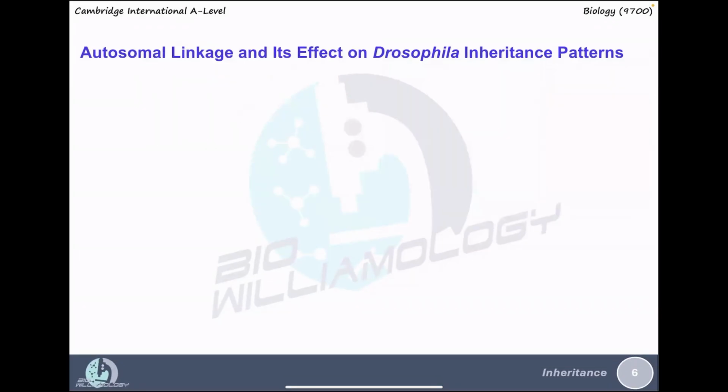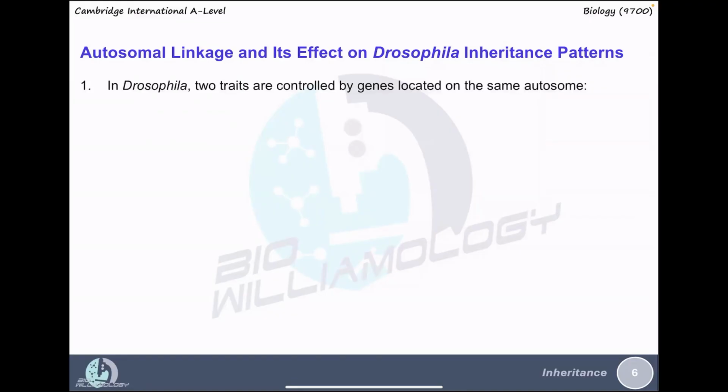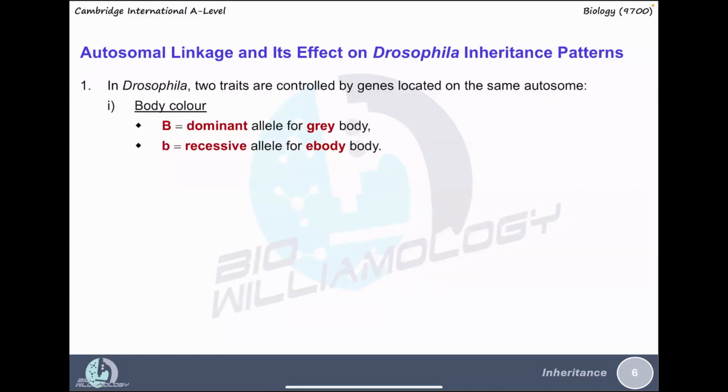Let us look at autosomal linkage and how it affects the Drosophila inheritance pattern. In Drosophila, traits are controlled by genes located on the same autosome. Body color: dominant allele B codes for gray body, recessive allele b codes for ebony or dark colored body.